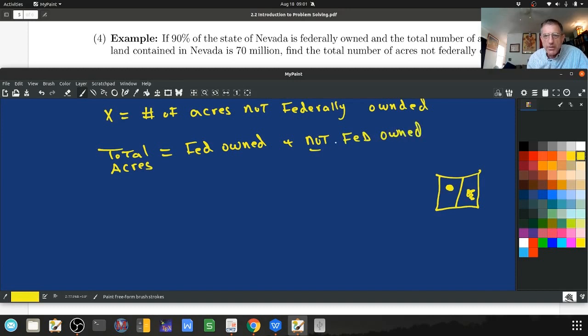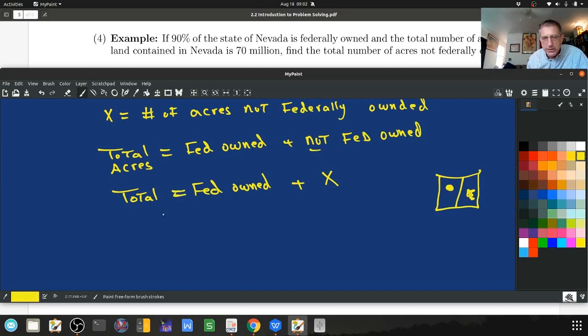But the total number of acres not Fed-owned is my X value. So the total is equal to Fed-owned plus my X. So I'm going to solve for X now.